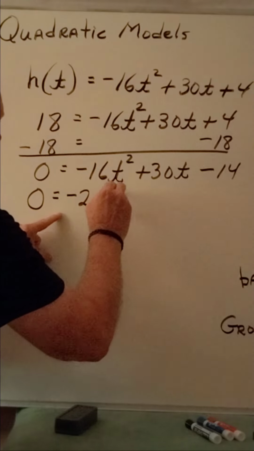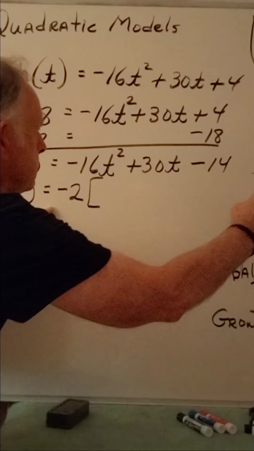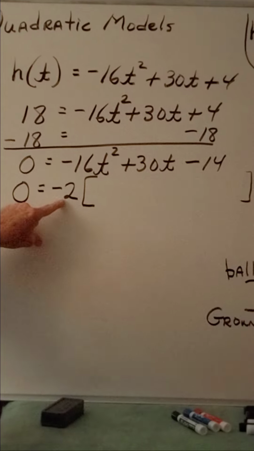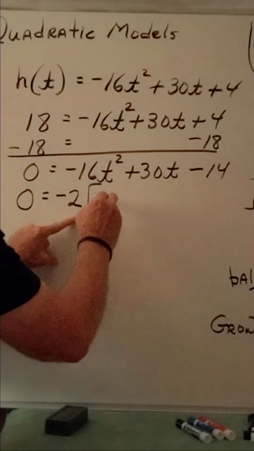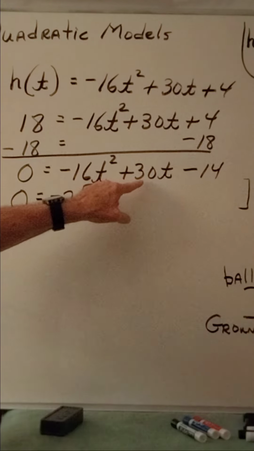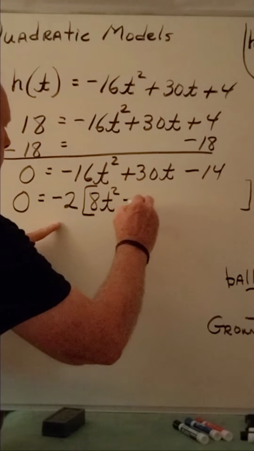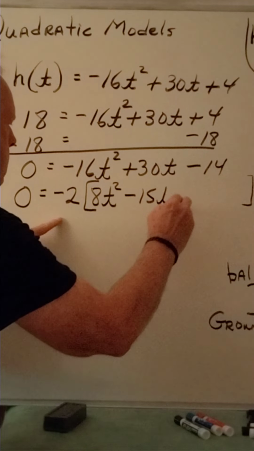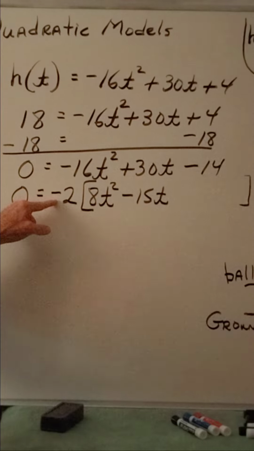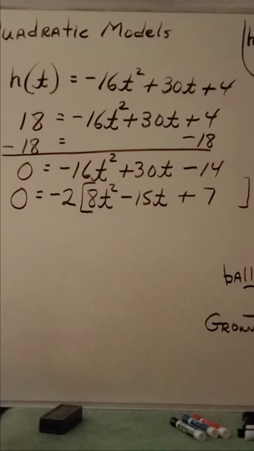I'm going to make a bracket as opposed to a parenthesis. Negative 16t squared divided by negative 2, 8t squared. Positive 30t divided by negative 2, a negative 15t. And negative 14 divided by negative 2 will be a positive 7.